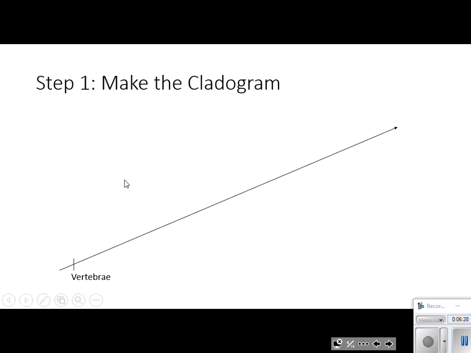So what is our first animal that we're going to put on our cladogram? Dylan says a shark. Would you agree? All right. So I put in my arrow. Here comes the shark. Linda, what's my next characteristic I'm going to put on there?